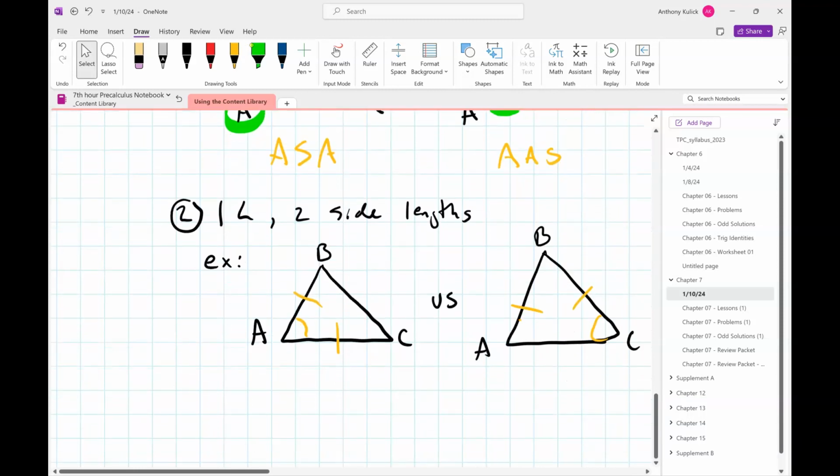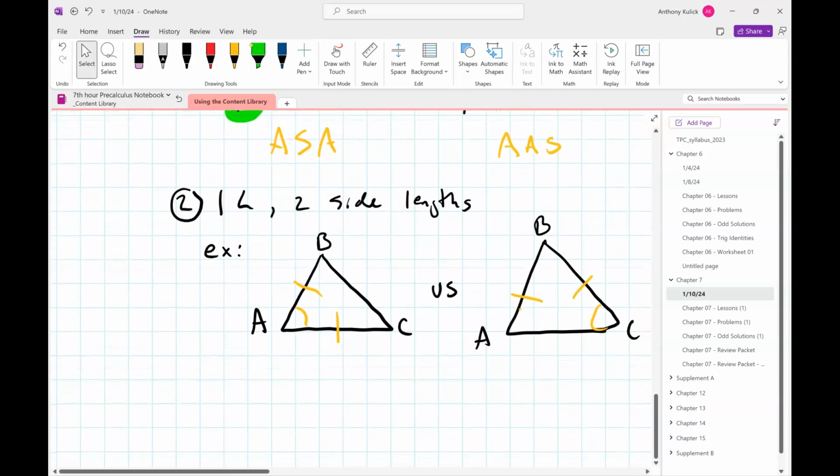Okay. Again, using those 3-letter naming conventions that we did for our geometry congruence theorems, what is that first triangle? How would we name that? Very good.